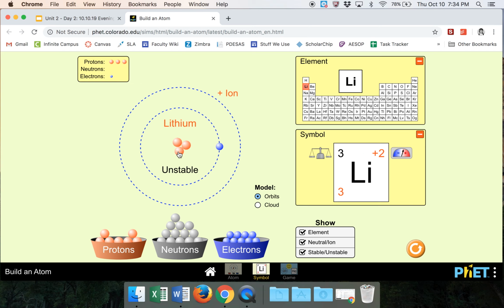Okay, so let's look, what if I add a neutron? We still have the same element. If I add an electron, same element. So from here, I'm going to say the protons tell us what specific element we have. So if I change the proton, I change the atom in general. The whole thing, I've changed it.